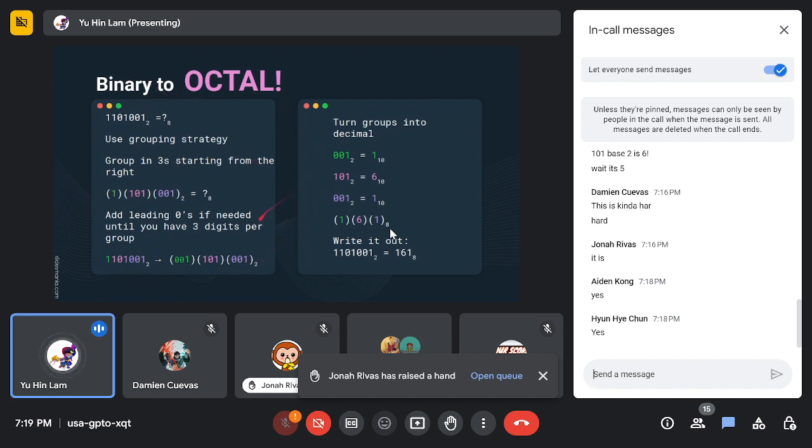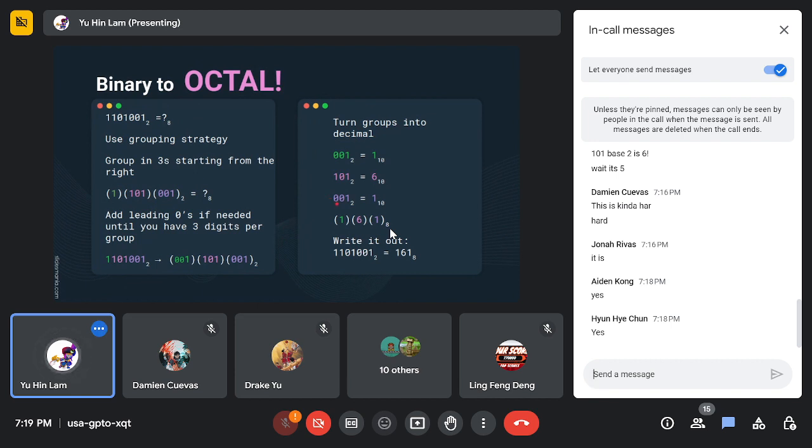So then afterwards, since these groups are currently in binary, we would convert them into their decimal form. So for our first group, 001 base 2 is equal to 1 base 10. This is a mistake, since 101 base 2 is actually 5 base 10.